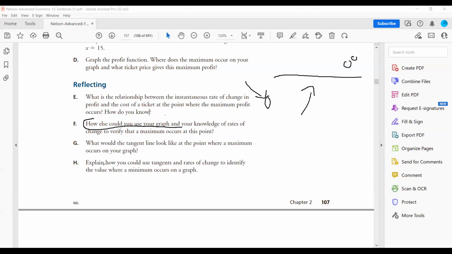It is not changing. Explain how you could use the tangents and rates of change to identify the value where a minimum occurs on a graph. Exactly the same way. A minimum would occur at a point where the instantaneous rate of change travels to 0. The average rate of change travels to 0.